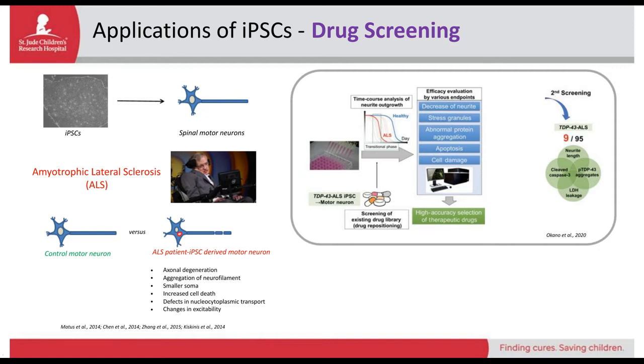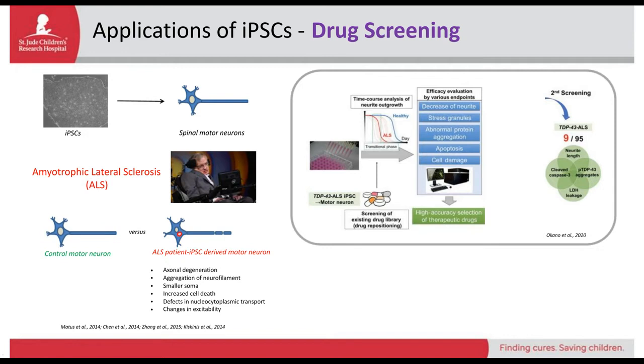So they first differentiated an ALS patient-specific iPS line carrying a specific ALS-associated mutation into spinal motor neurons, and then they screened 1,000 different compounds and quantified the endpoints that were assayed previously, to essentially identify compounds that were able to alleviate the ALS-associated phenotype in these patient-specific spinal motor neurons.